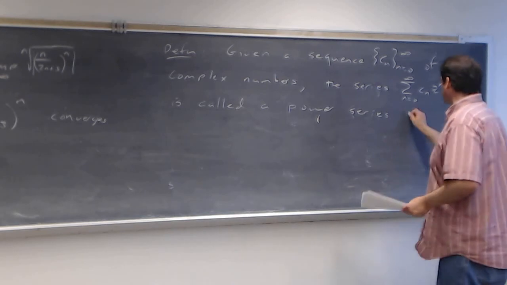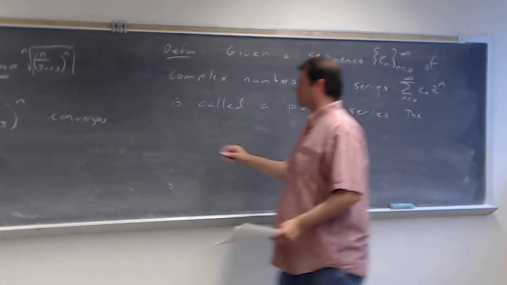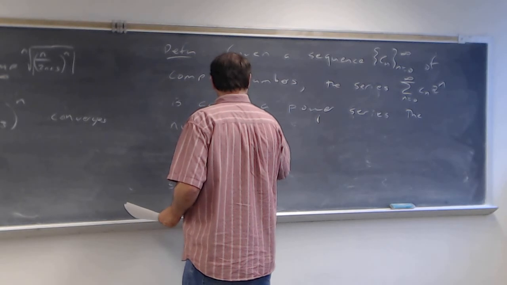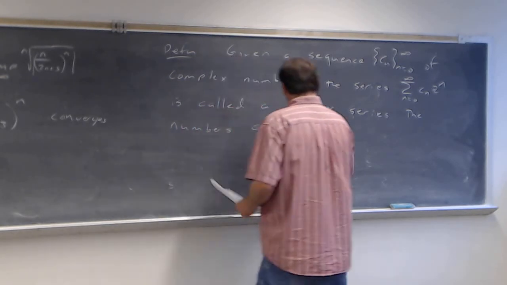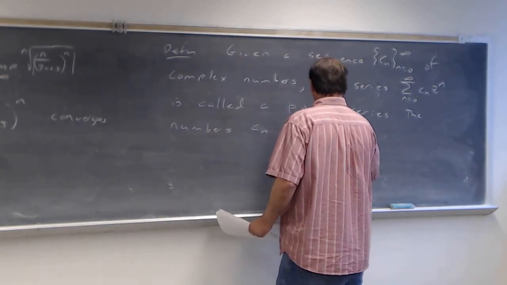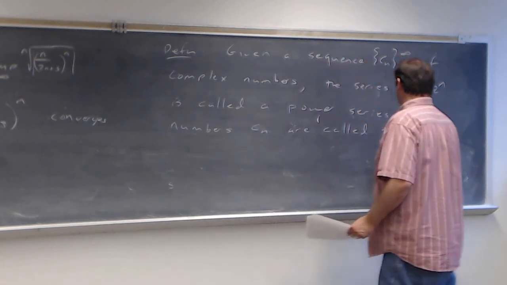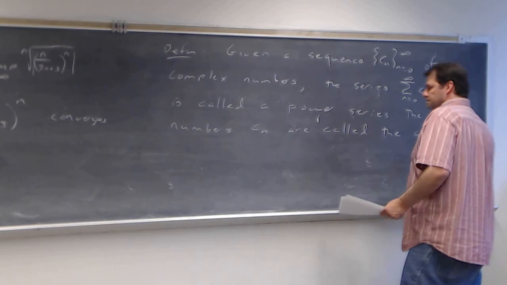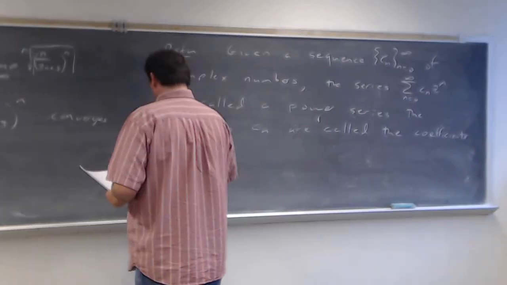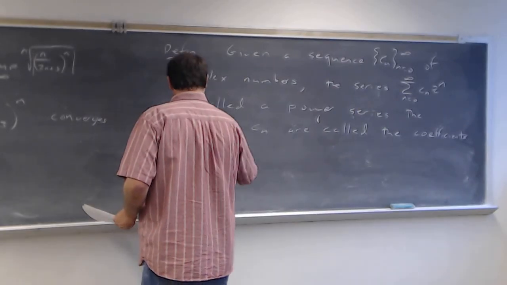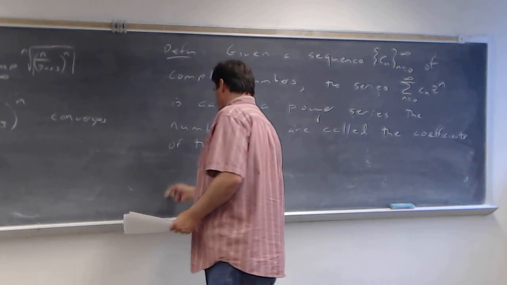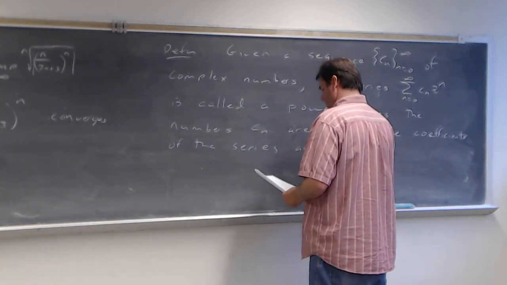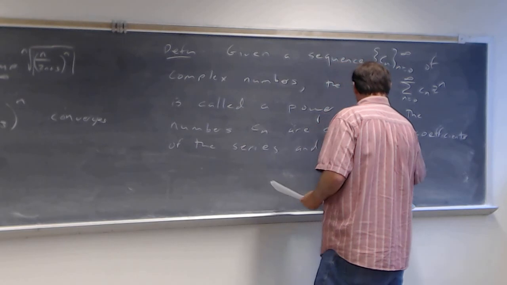Okay, the numbers c sub n are called the coefficients of the series. And z, as I said, is a complex number.